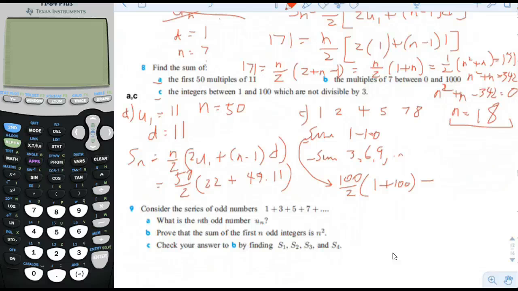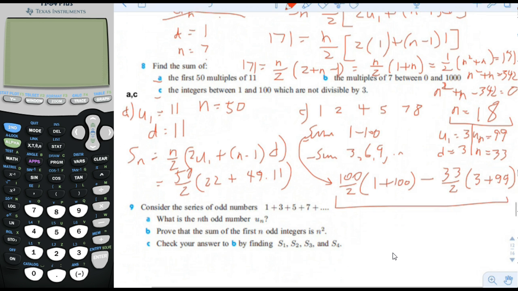So that would be, let's see, u1 would be 3, d would be 3, un is equal to, let's see, the last one would be 99, right? Okay, and then n would be about 33, I think. So then we would have 33 divided by 2 times 3 plus 99. Okay, so that would be how you would find that.